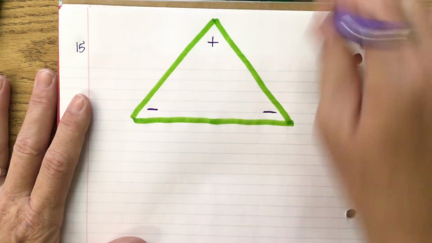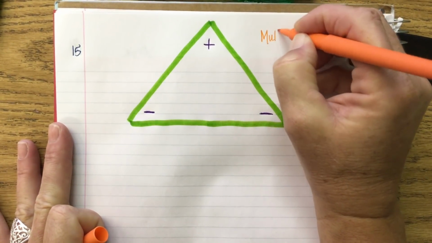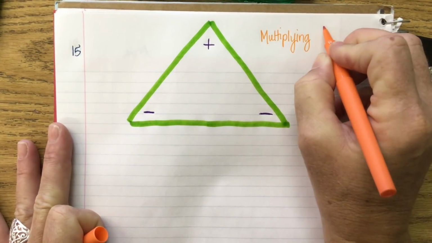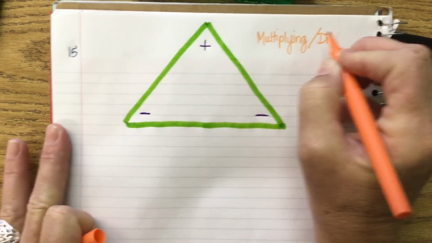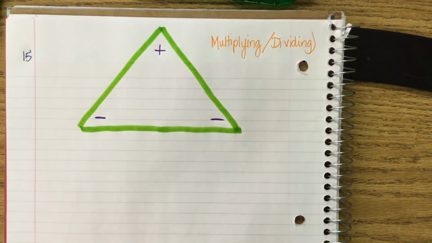Okay? So when we are multiplying or dividing, remember the signs, we have negatives and positives.